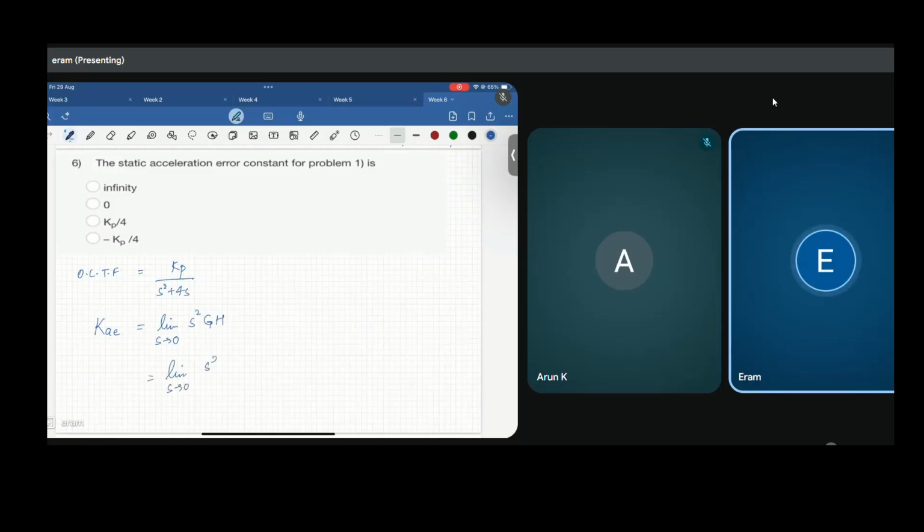Then it will be kp divided by s square plus 4s. One s will cancel out, so we'll be left with s times kp divided by s plus 4. So if we put s equals to 0, this will be 0.